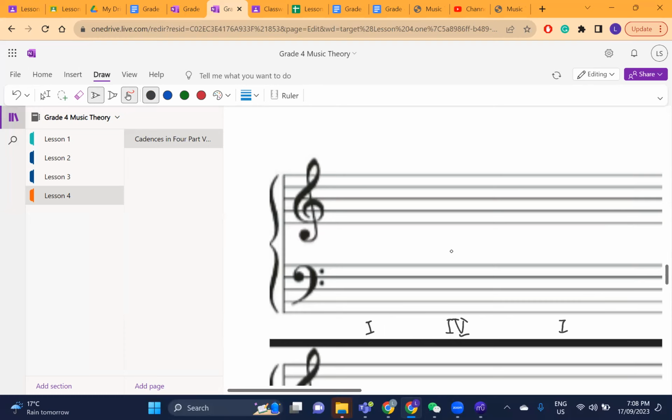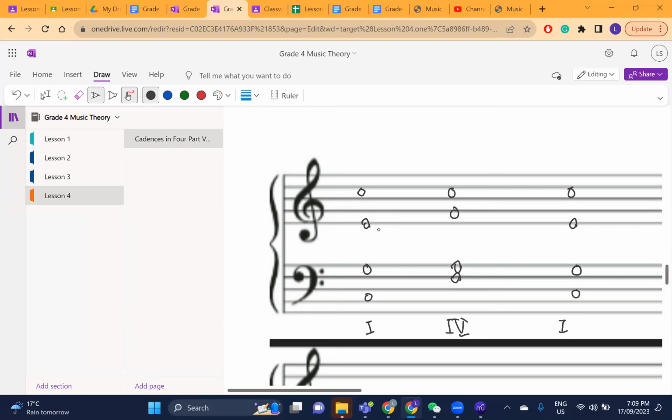Okay, so the 1, 4, 1 is easy. Just make sure, like a plagal cadence in reverse and then a plagal cadence again. There's nothing too complicated about that. Typical 1, 4, 1, 3-chord progression, ending in a plagal cadence and also beginning in a reverse plagal cadence.